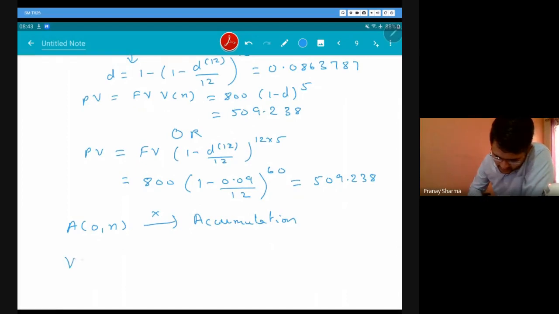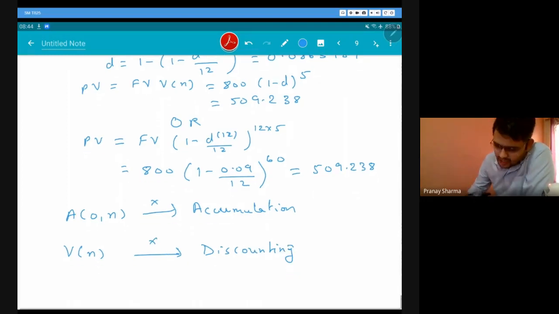When we have discounting factor and we are using it for discounting, then we will multiply it. But if we are using accumulation factor for discounting, we will divide it. If we are using discounting factor for accumulating, we will divide it.